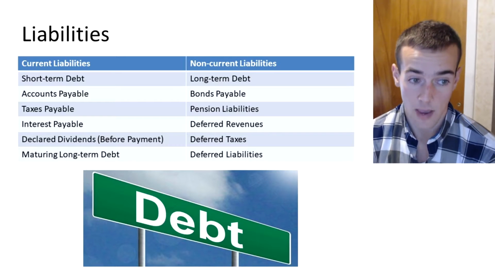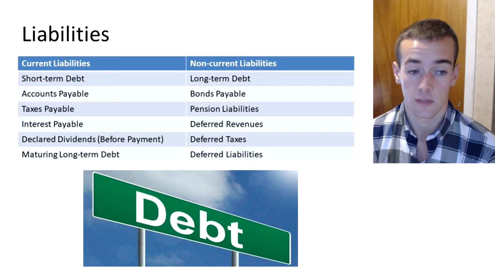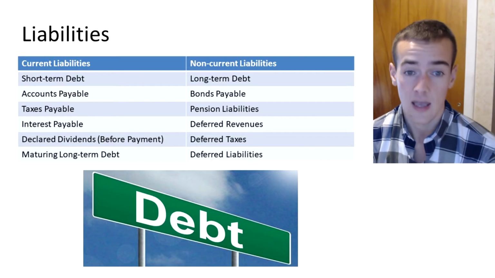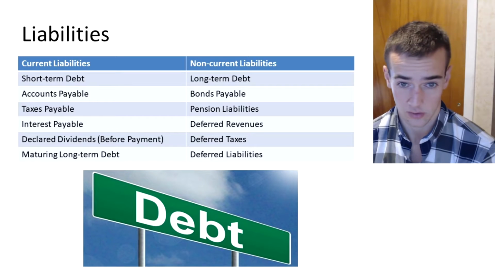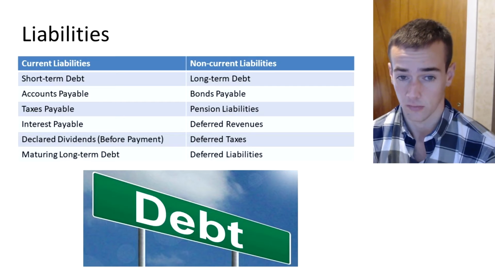This would be accounts payable, taxes and interest payable, any declared dividends. So dividends before payment are considered to be current liabilities. And then maturing long-term debt. So if there's any long-term debt that is coming to maturity, it transitions from non-current liabilities over to current liabilities because it is due within the 12-month period going forward.